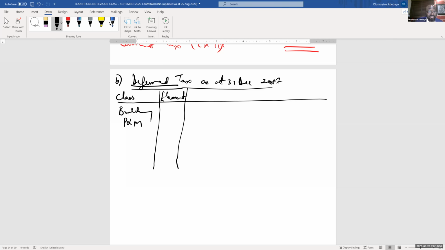I have leases. I'll combine the lease asset and lease liability together. I have trade receivable. I have interest receivable.